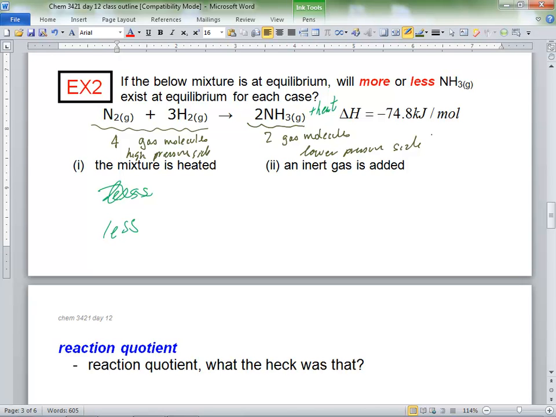You have to get rid of that change and go back to the equilibrium constant expression, products over reactants, to get that number back. So adding an inert gas is just like dumping in nitrogen or hydrogen gas. Either one would work. You have to get rid of that excess pressure by going to the low pressure side, and that's toward ammonia. So that would be one good way to get more ammonia.